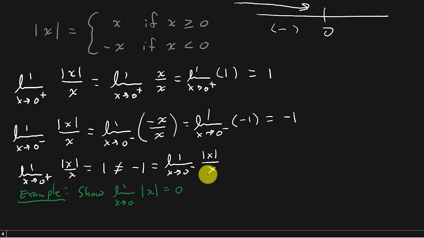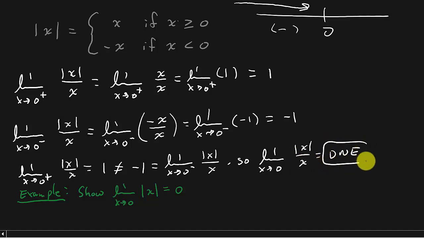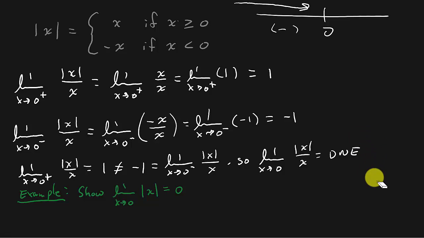Okay. So the limit as x goes to 0 of the absolute value of x over x does not exist. Well, not really circling that, but that's the proof of it. That's how you prove that that limit does not exist.